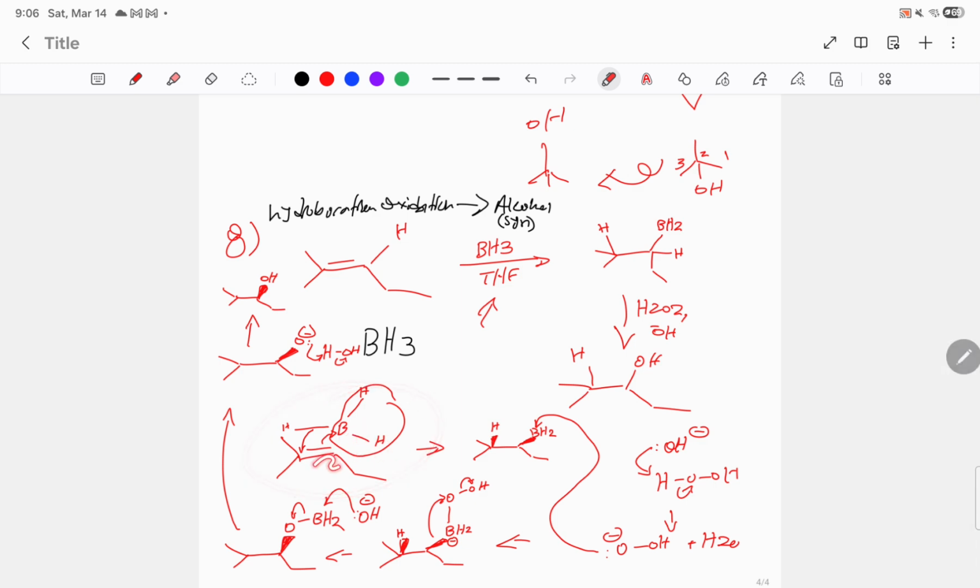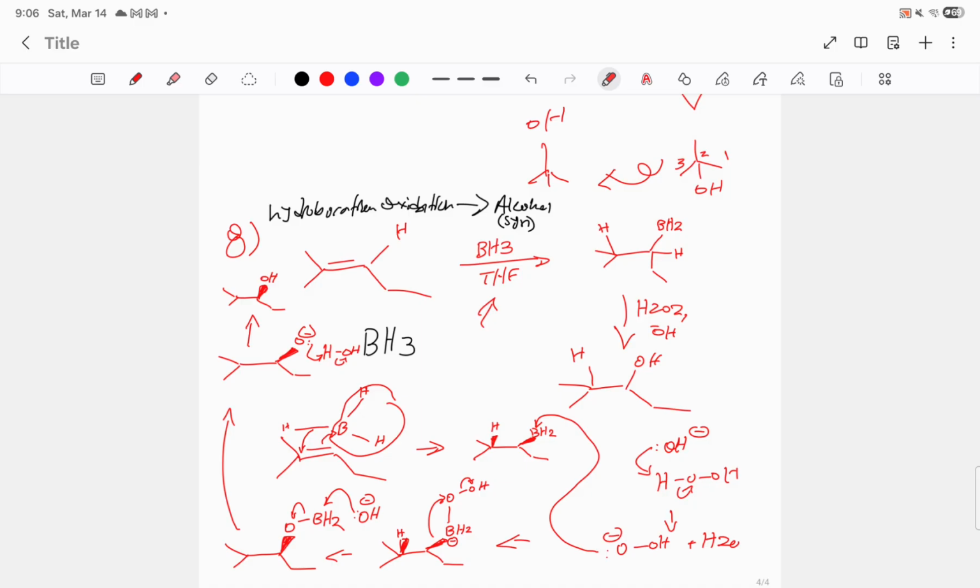All of the borane added in one step. It's concerted. Then, of course, the oxidation steps are separate. It occurs in 2 or 3 steps, and it occurs under alkaline hydrogen peroxide conditions. We used OH minus.